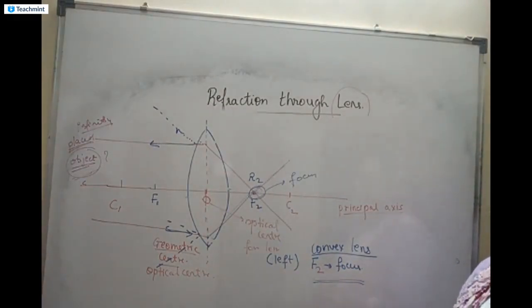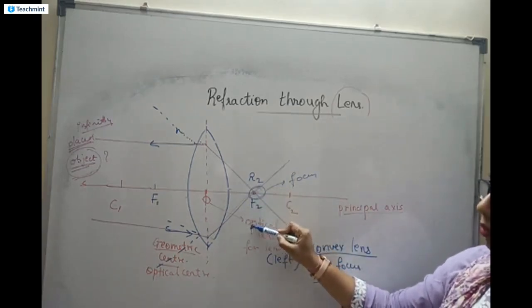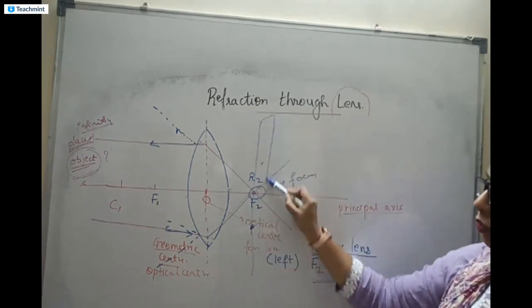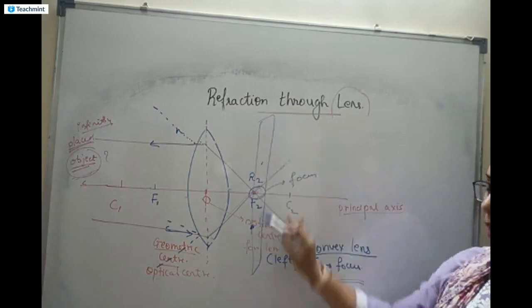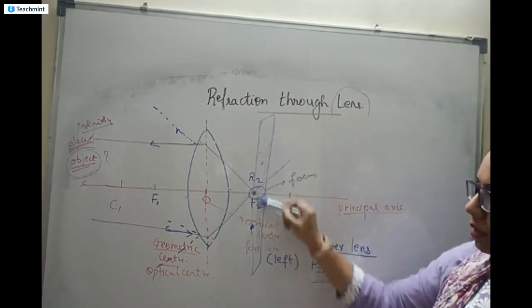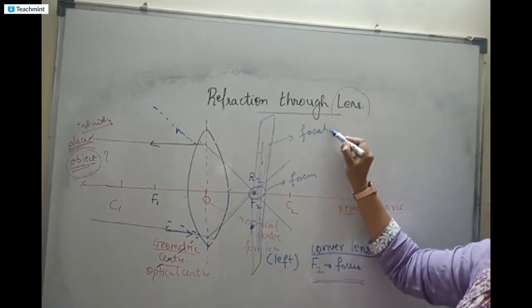Now, sometimes the rays can also fall below the focus or above the focus, but usually the rays are going to fall within the same plane. It can be up, down, or exactly on the principal axis. Somewhere in this range, this plane is called the focal plane.